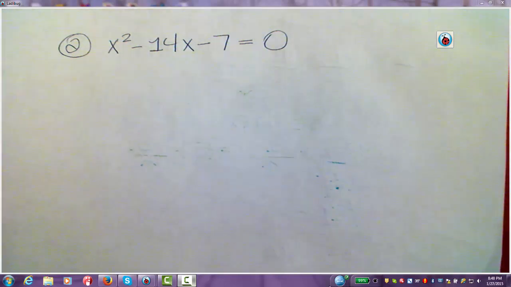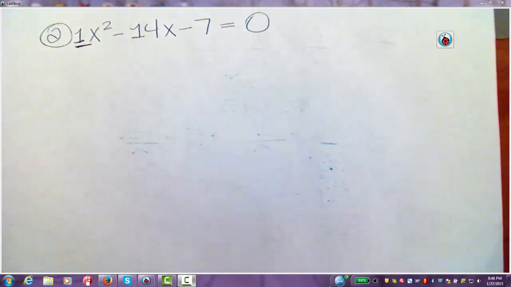Okay, so now we're going to try another example. So now, what do we first do? We look to see what A is. In this case, A is an understood 1. So we don't have to divide by A because our leading coefficient is 1.